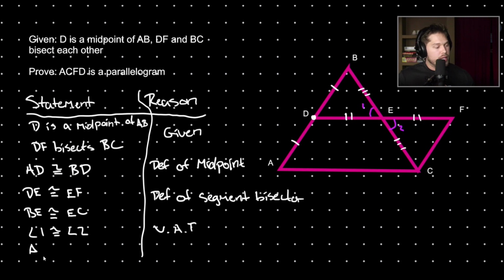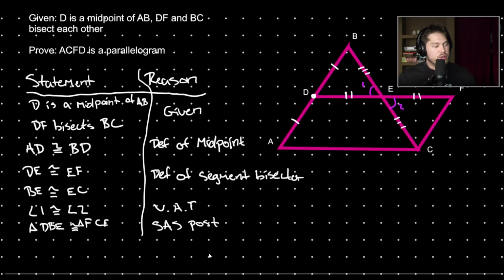Triangle DBE is congruent to triangle FCE. Make sure you write it in the proper order. These triangles are congruent by the side-angle-side postulate.